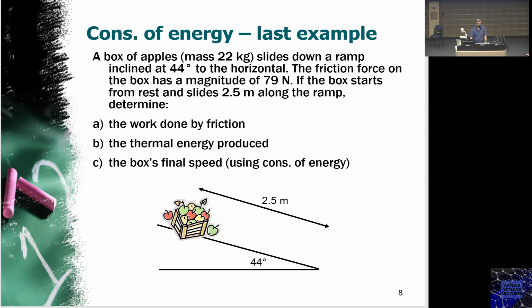So we have a box. This box has a mass of 22 kilograms and is facing a friction. This box slides all the way down. He slid 2.5 meters. He started from rest. Starting from rest means zero kinetic energy, right? So we need to calculate first the work done by friction.